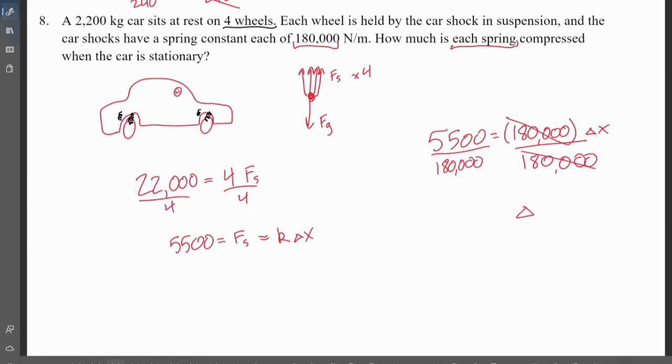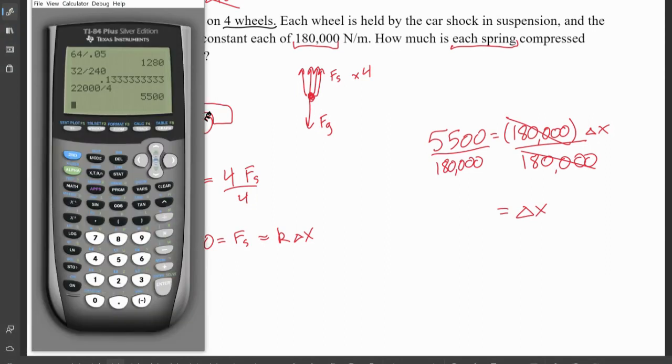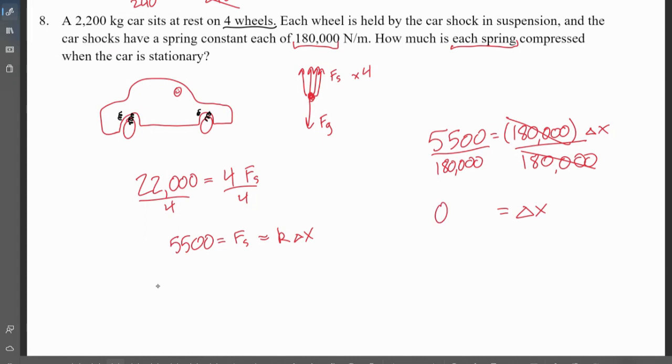This leaves us with delta X. Okay, 5,500 divided by 180,000. Make sure, yep, that's the right number of zeros. There we go, 0.0306. This is delta X, so it's in meters. If you really wanted, you can convert this to, say, 3.06 centimeters, but it's just an equivalent number.